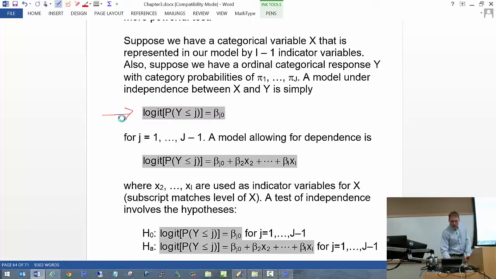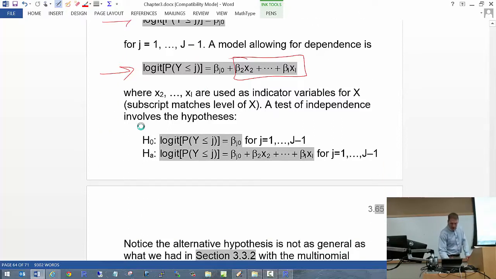Then the alternative hypothesis model is the same, except now you are including x in there, just like we did with the multinomial regression models, where we have indicator variables representing I minus 1 levels of x. And so our null and alternative hypotheses, written out, look like this. We'll just substitute those models in there. Now the key is to realize, what does this alternative hypothesis mean?